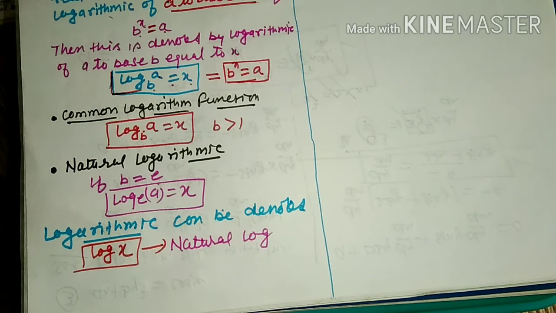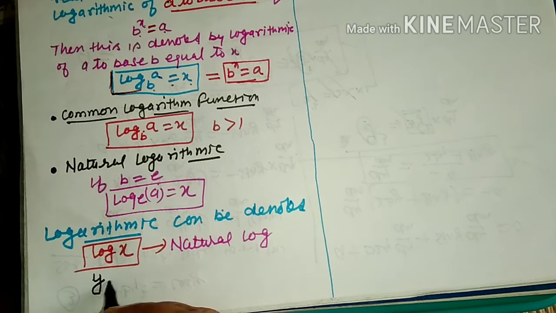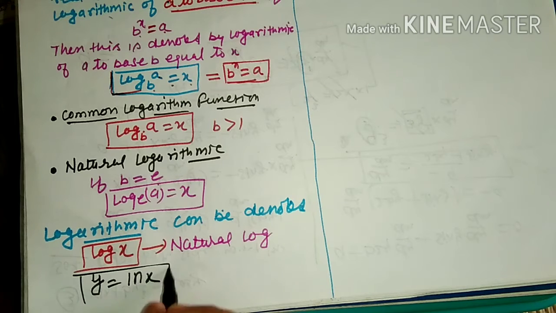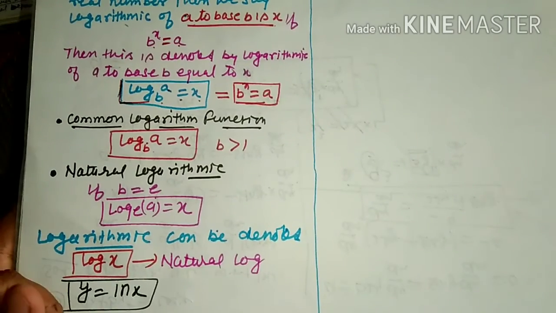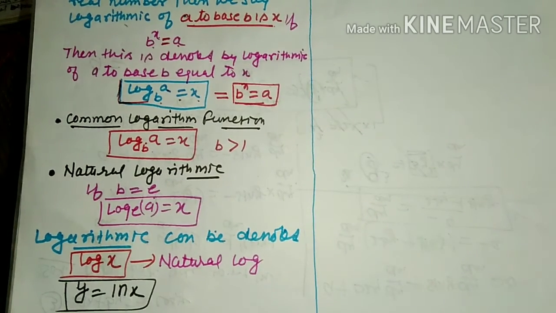Clear है? Okay. Or we can write it as y is equal to ln x. Clear? It means also logarithmic. Okay. Now next we will discuss some basic properties of logarithm.